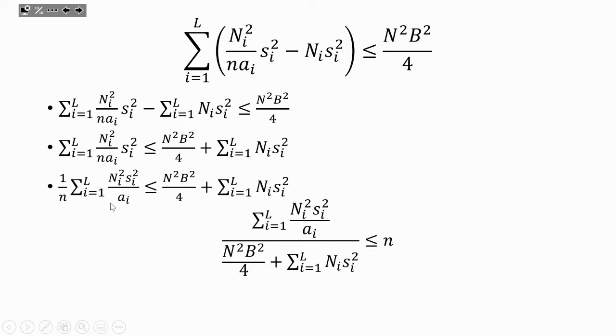So if we multiply both sides by n and divide both sides by all of what's currently on the right-hand side of the inequality, we get little n needs to be greater than or equal to the sum of big N squared times s squared over a sub i, all over big N squared times B squared over 4, plus the sum of big N times s squared.